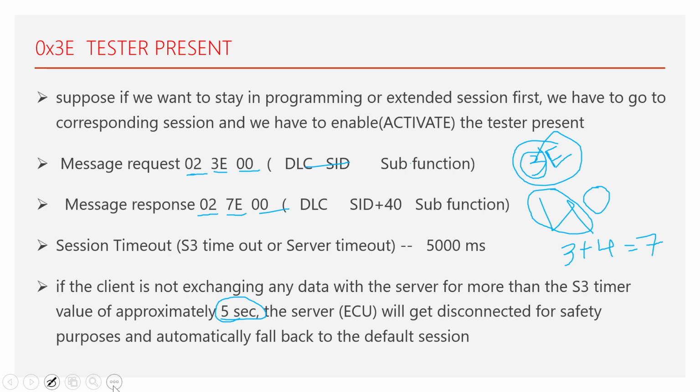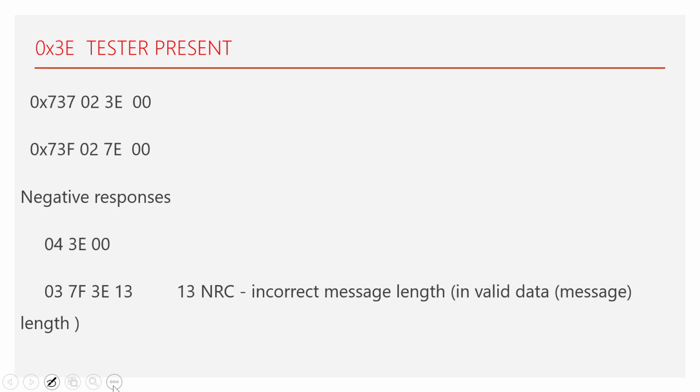Okay, I will give an example for this. This is the service ID, this is the request ID. What is the service ID? 0x3E is the service ID.